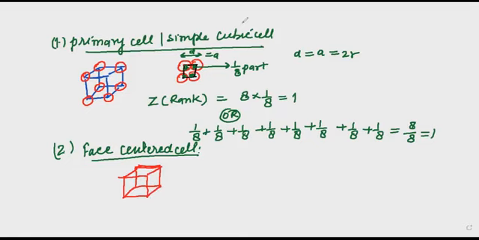Now you must remember that each corner has an atom. 1, 2, 3, 4, 5, 6, 7, 8. This is SCC. Now you must remember that each face has one atom.